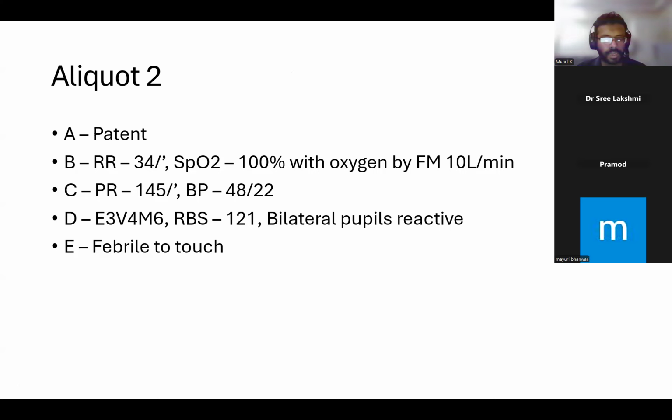Peripheries are warm, peripheral pulses are palpable, but in between it is again going back to 70/30, 50/30, etc., and sometimes again coming up to 90/60. So do you think the 48/22 is a false reading, and whether we should just ignore that and ignore the 160 readings that come in between?